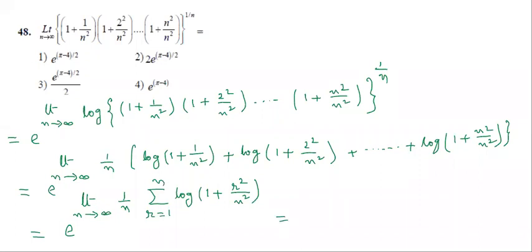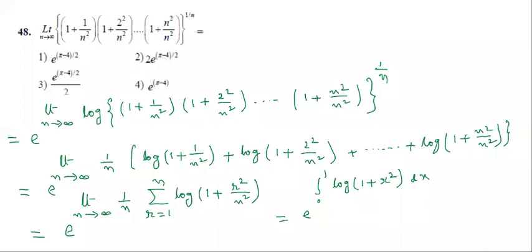Students, finally this is e power integration 0 to 1 logarithm of 1 plus r by n whole square. R square by n square we can write as r by n whole square. R by n means x only now, dx.